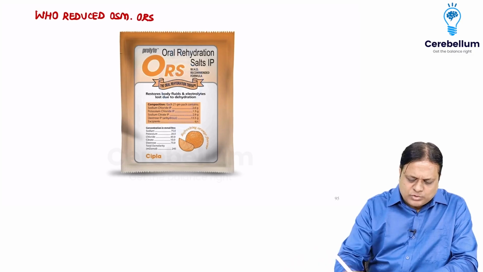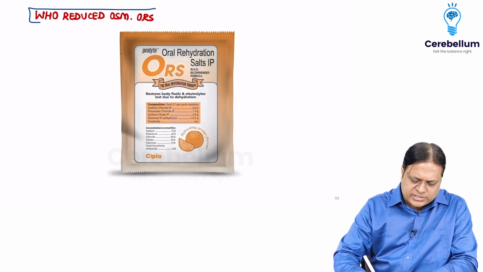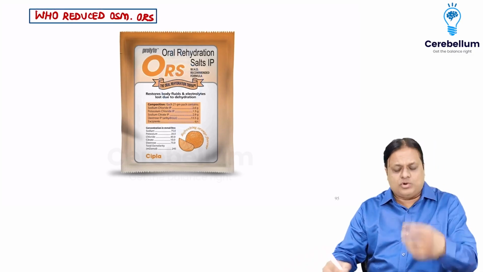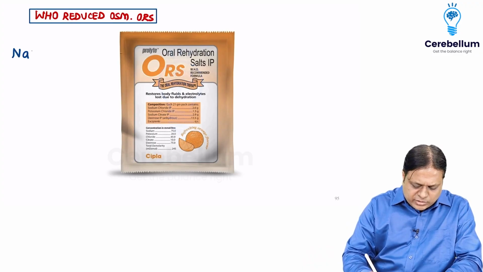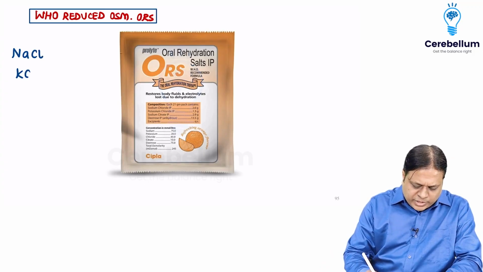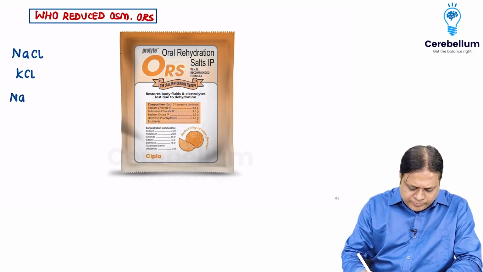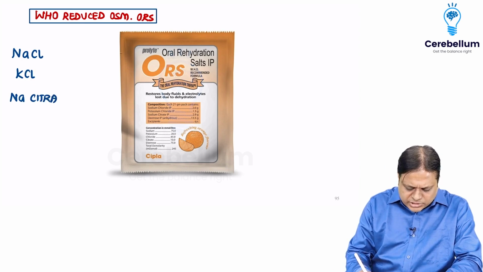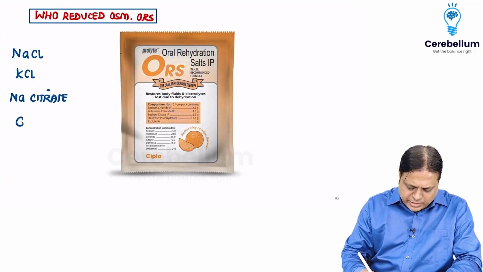Currently we are using WHO reduced osmolarity ORS. This has 4 major components. These are sodium chloride, potassium chloride, sodium citrate and glucose.